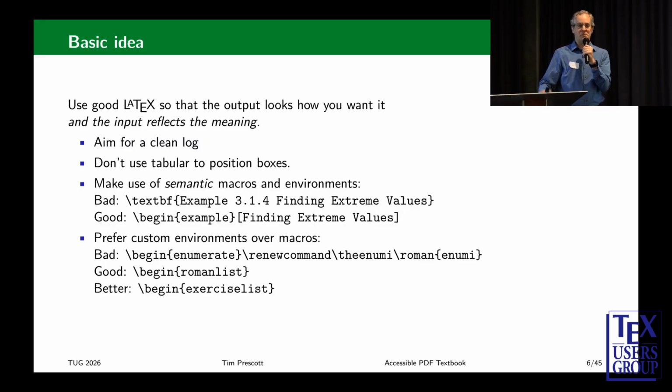It also makes it much easier to customize things. If I need to adjust how I'm doing my examples so that they're better tagged, a better example, then I can just adjust a little bit in the preamble instead of going through and finding every single example.